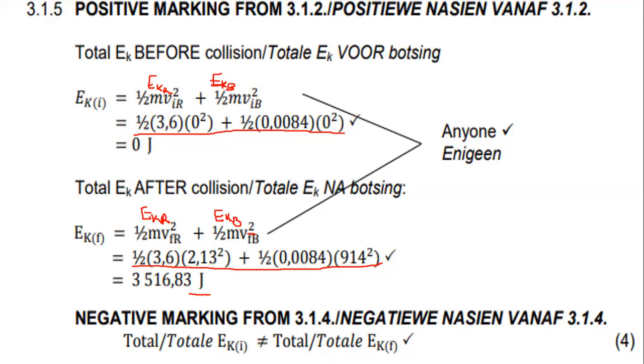And you can clearly see that because before the collision it was 0 joules, but after the collision it is 3,516.83 joules. So let us be able to answer the question. And the question actually ends with that particular statement. So this is how you present your answer in order to be able to obtain full marks. Right, so that was a very nice question actually.